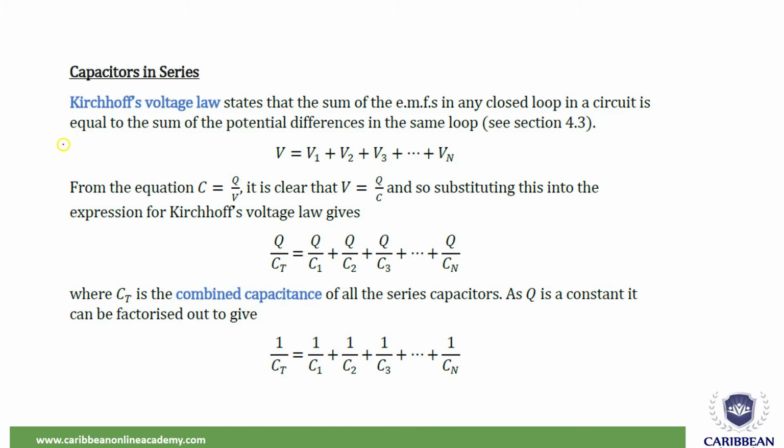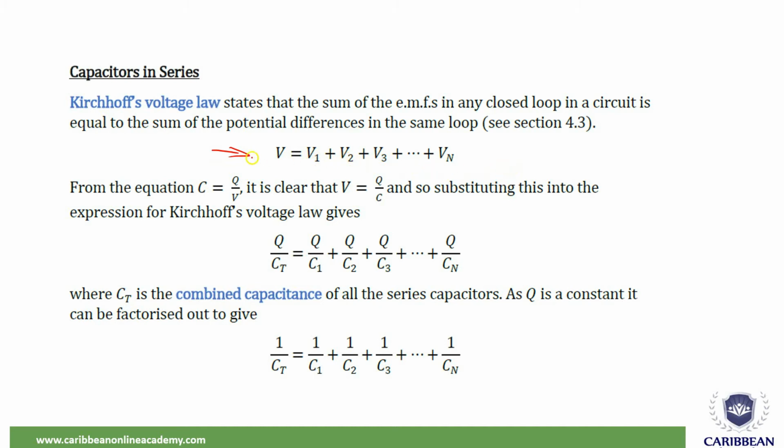Good. Now we need to derive a formula for when we have capacitors in series. Now, according to Kirchhoff's voltage law, the sum of the EMF in any closed loop in a circuit is equal to the sum of the potential differences in that same loop. So this is what we're saying, that my total V is equal to V1 plus V2, continuing all the way up.